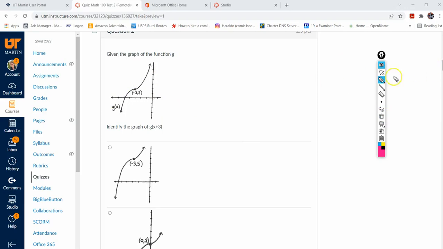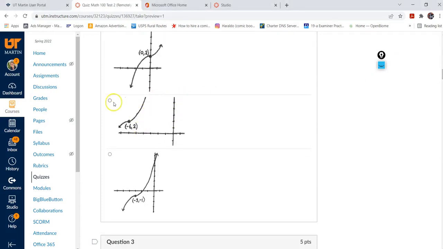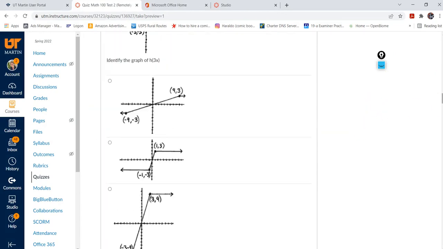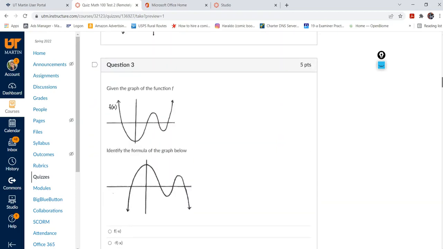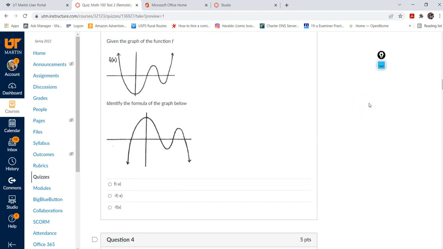So again, it was knowing your chart of transformations. And here's the one with the point that I need. Okay. And now let's look at the graph of this one. Okay. And so we have to remember what our transformations were, again, from the list. So how would I do this?